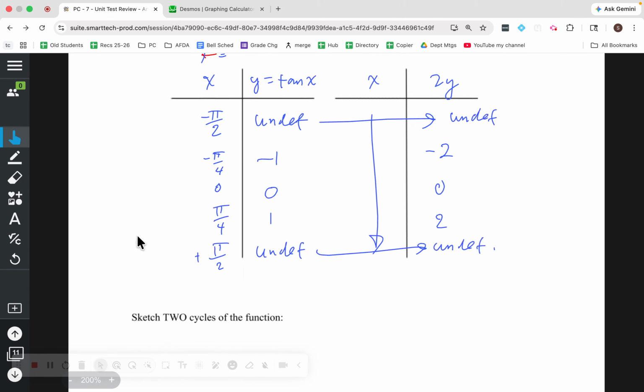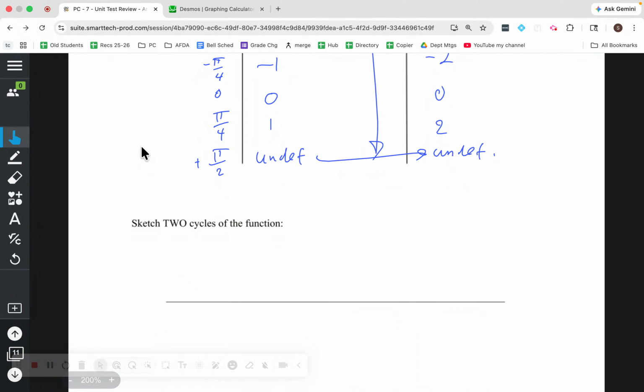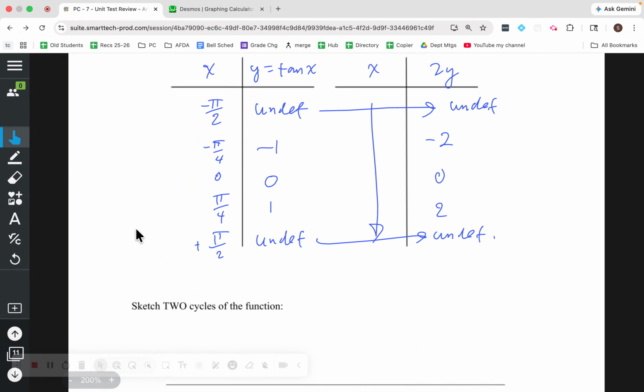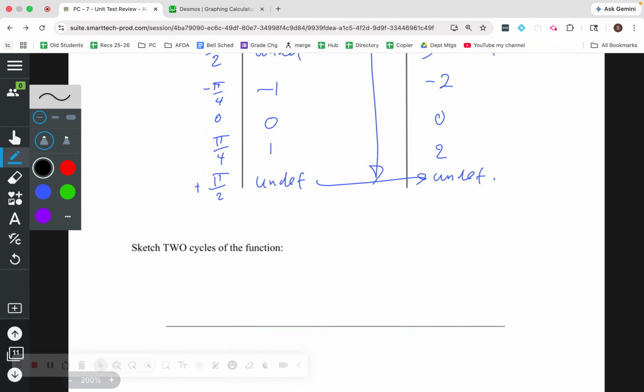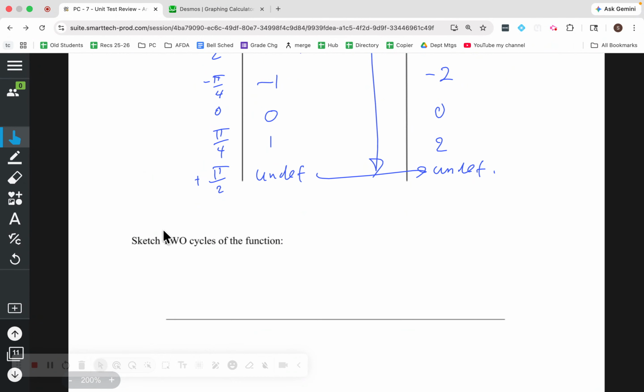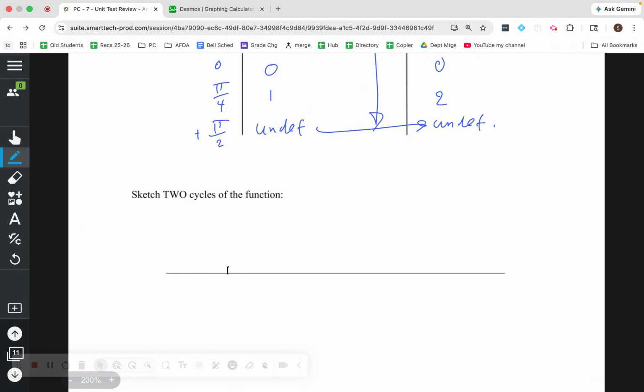Okay, so in this case, you're asked to graph 2 cycles of this function. And so let's put down our x values. Negative pi over 2, negative pi over 4, 0, pi over 4, pi over 2. But we keep going. We keep going by quarter steps.